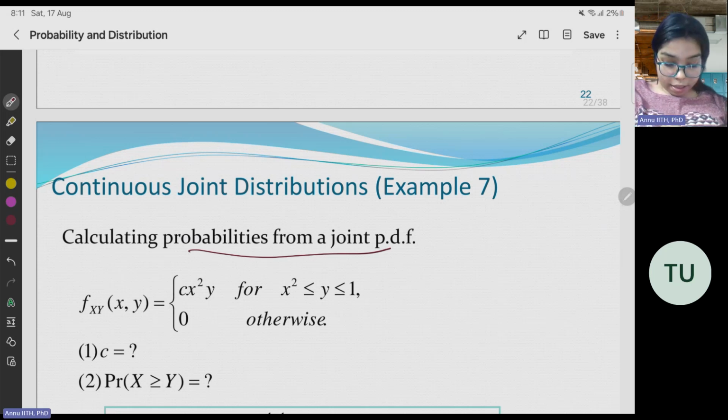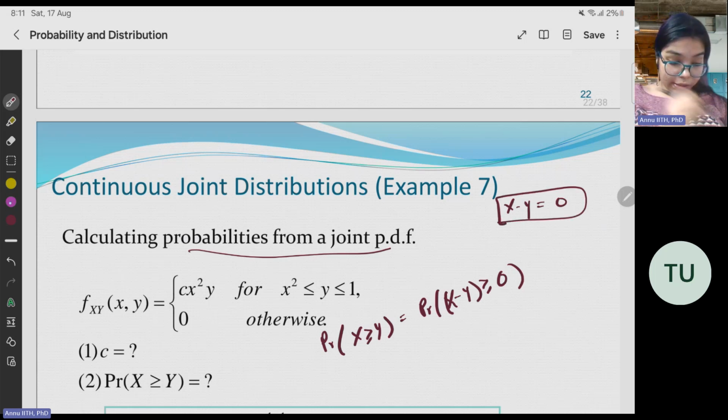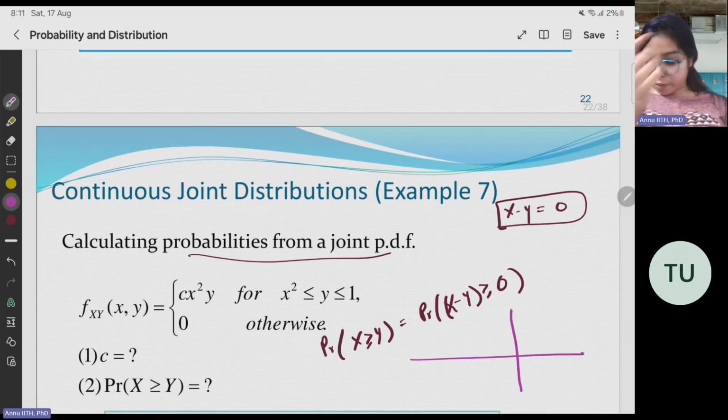So again, what does this mean? Probability of x greater than or equal to y actually means probability of x minus y greater than or equal to 0, isn't it? Now, if you plot x minus y, okay, so let's say x minus y is equal to 0. Let's we have to plot. So x equals to 0, y equals to 0. So again, this is a point.